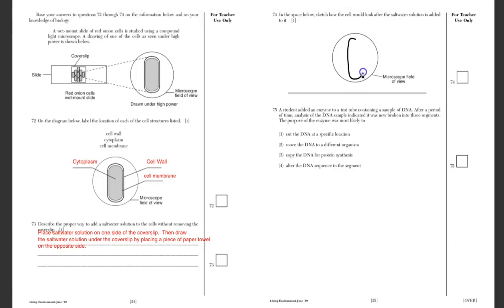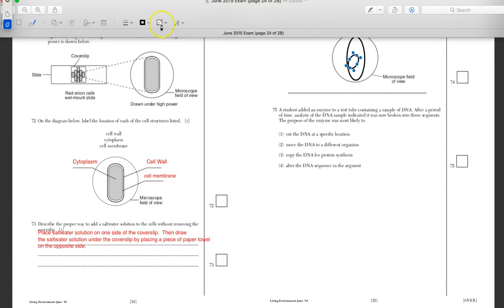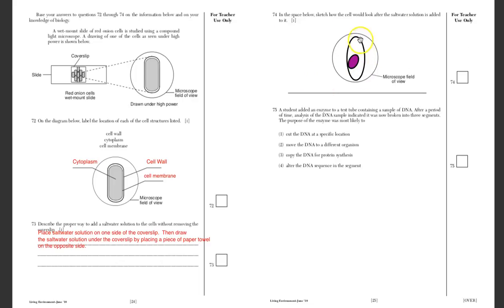Let's see. So you're going to draw the cell membrane, right? I'm sorry, the cell wall. And then you are going to draw a very small shrunken cell membrane and cytoplasm. And that one you should definitely fill in. So the cell wall stays the same. I know the shape isn't exact, but hey, this will do.